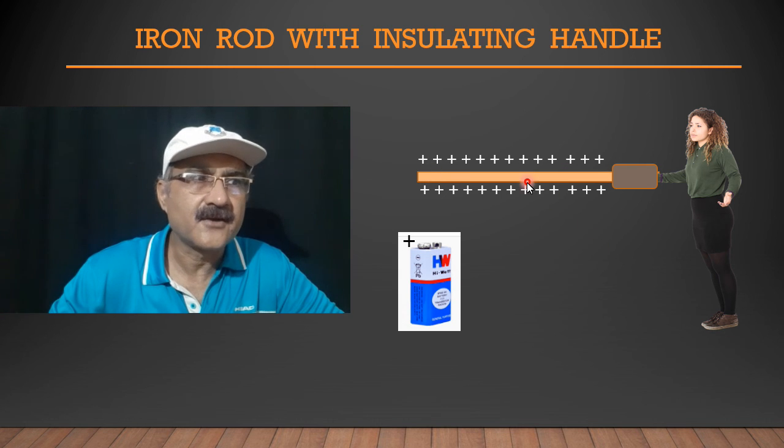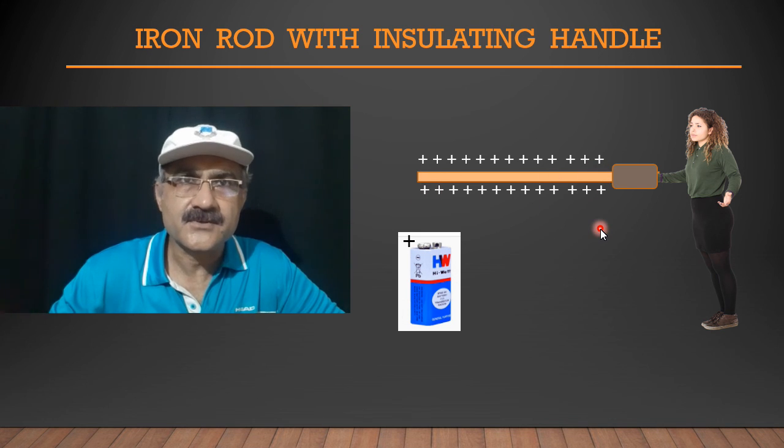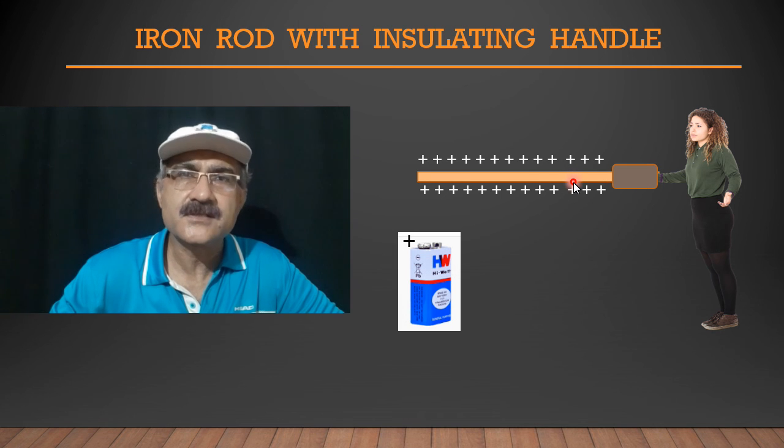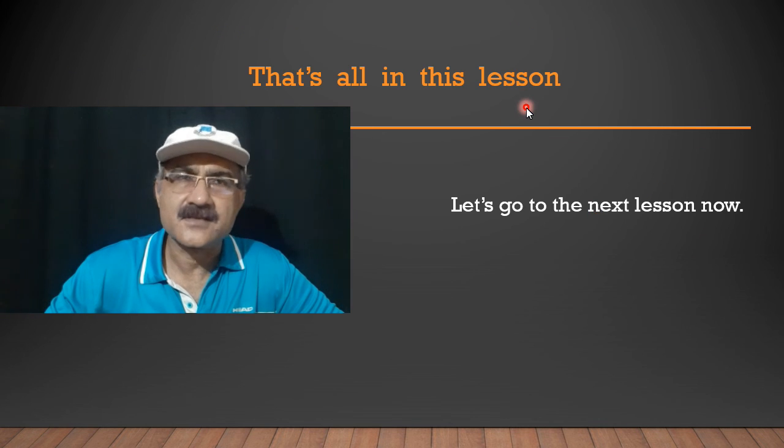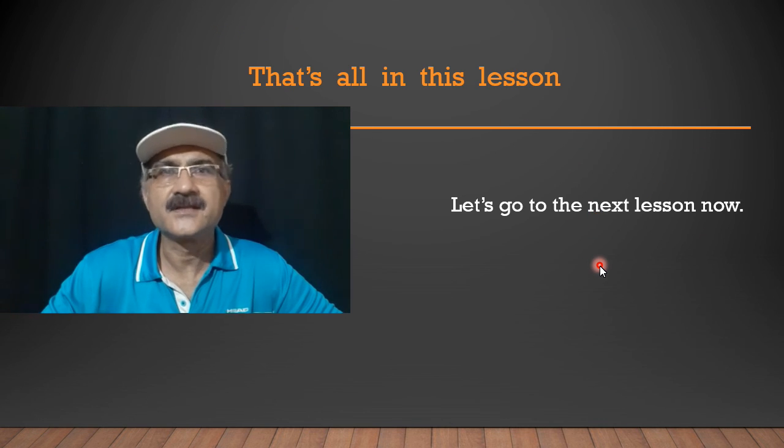And we know that iron rod is a conductor, so this is the way we can put some static charge on a conductor. We must use an insulating handle or an insulating stand to hold this conductor. Clear? So that's all in this lesson. Let's go to the next lesson now.